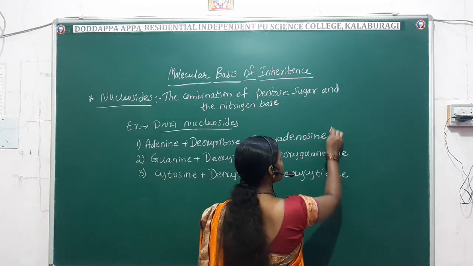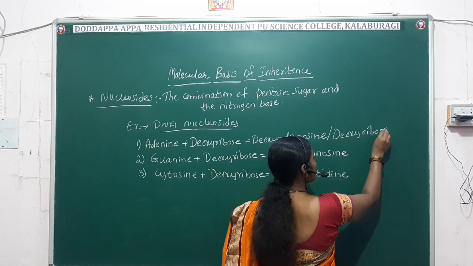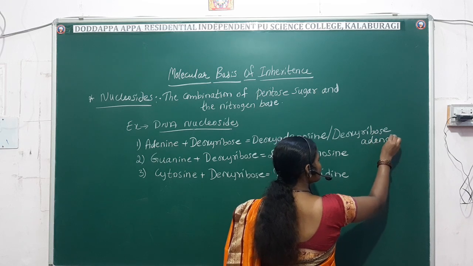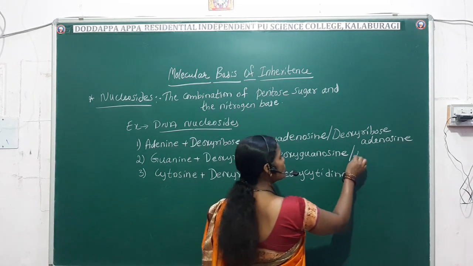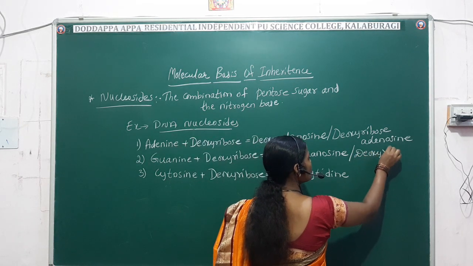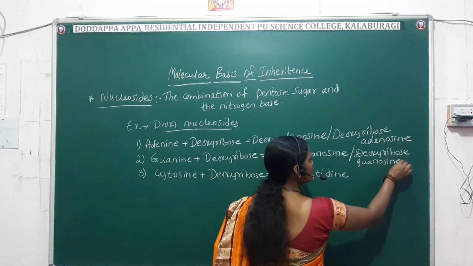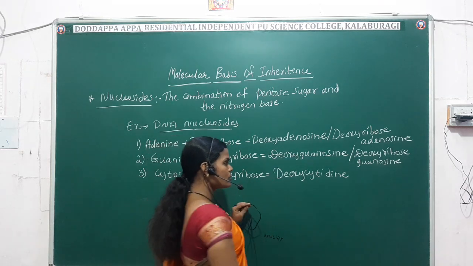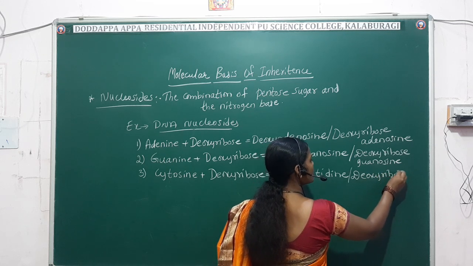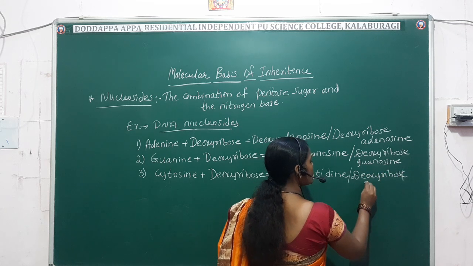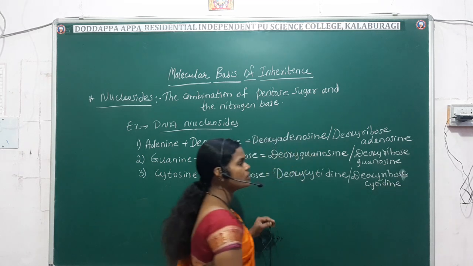So deoxyadenosine can also be written as deoxyribose adenosine, deoxyguanosine as deoxyribose guanosine, and deoxycytidine as deoxyribose cytidine.